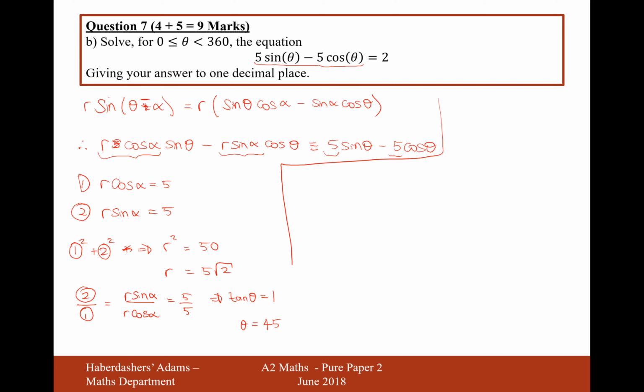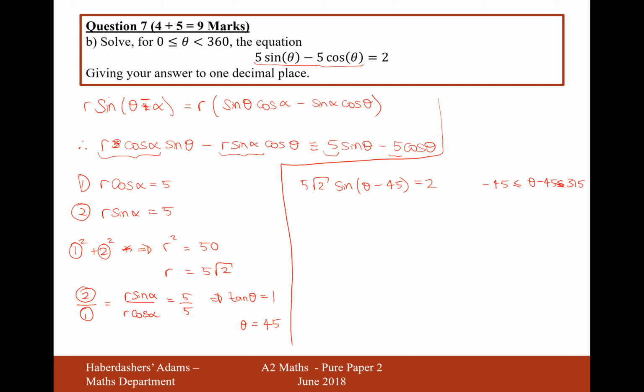Right, okay then, let's now separate our page. So we've now got an equation. We can simplify this left-hand side to 5 root 2 sine of theta minus 45 degrees equals 2. And again, we're going to have to change our domain. It's going to now have to be minus 45 up to theta minus 45, so we're taking away 45 on both sides, to 315.